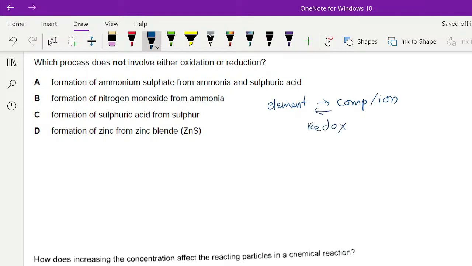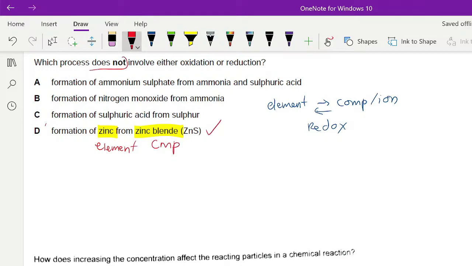If it's compound to compound, it may be redox, but you have to check the oxidation numbers and stuff. But for this one, you see here, formation of zinc, which is an element, to form zinc blende, which is a compound. So this must be redox.